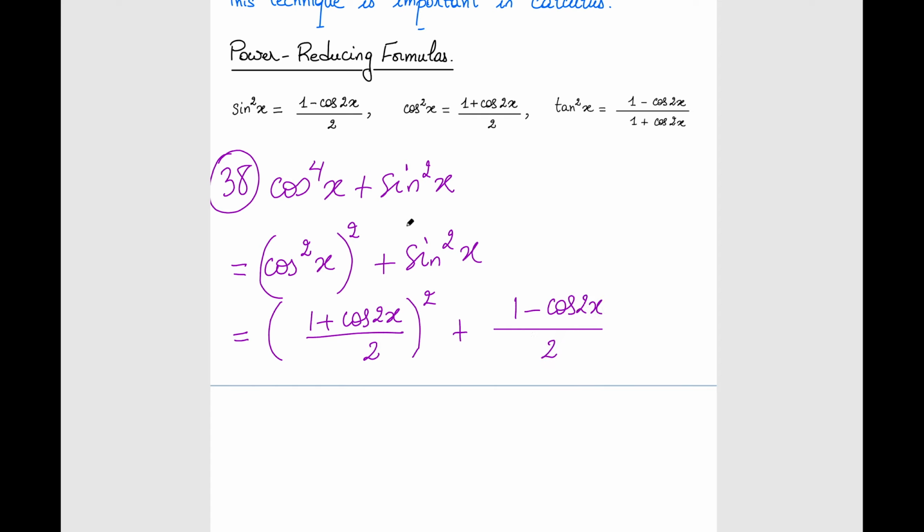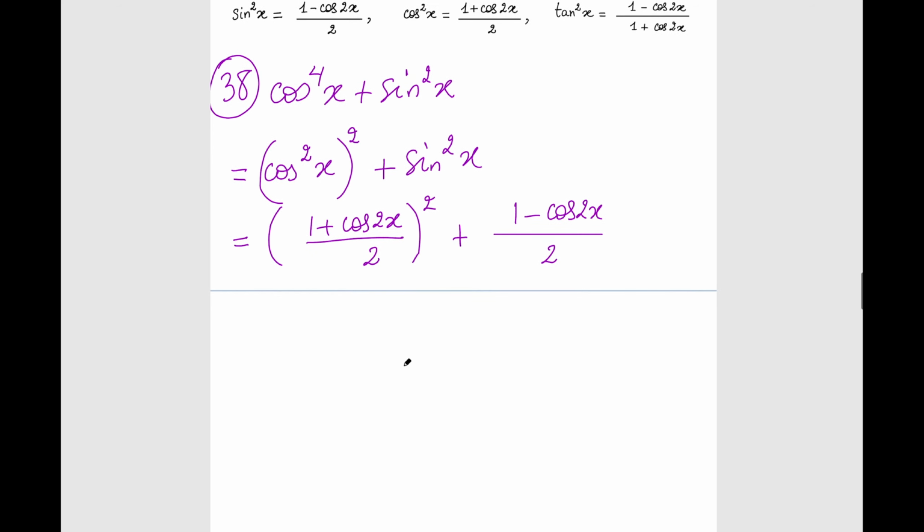So once again, I wrote cosine to the power 4 as the square of cosine squared, and for cosine squared I have a relationship between cosine squared and the first power of cosine. It's right there. And then I rewrote the sine squared of x in terms of the first power of cosine. So I get this.